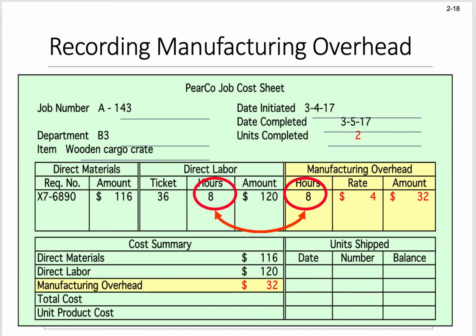We saw how to trace direct material and direct labor to a job. We just saw how to allocate manufacturing overhead to a job. Remember, we allocate manufacturing overhead based on the predetermined overhead rate times the actual allocation driver that was incurred in the job.